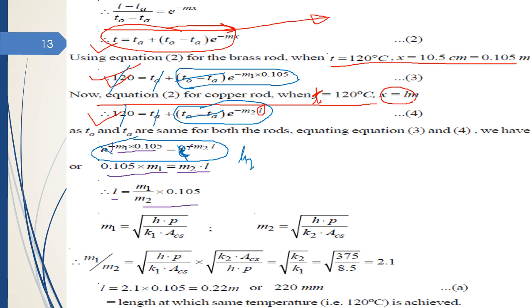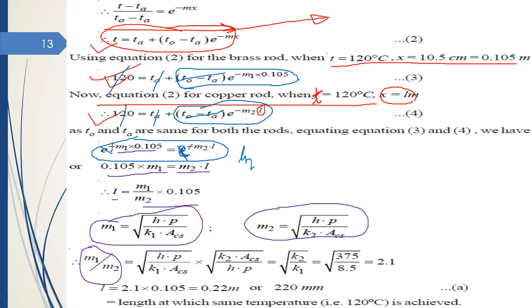So what is m? That is the fin constant, and its value is under root of pH divided by kA. m2 is also under root of pH divided by K2 into cross section area. If we go for m1 by m2, you can see P and h, that is the perimeter and convection heat transfer coefficient, are the same in both cases.